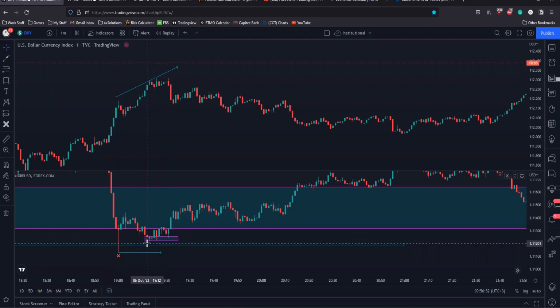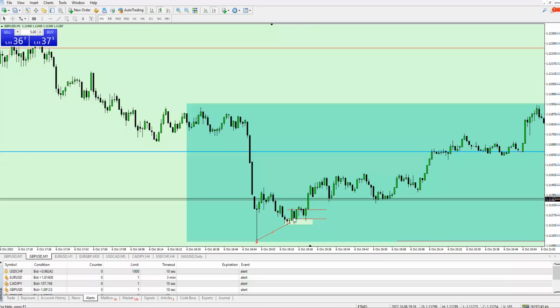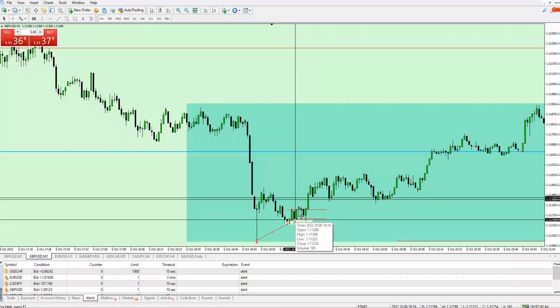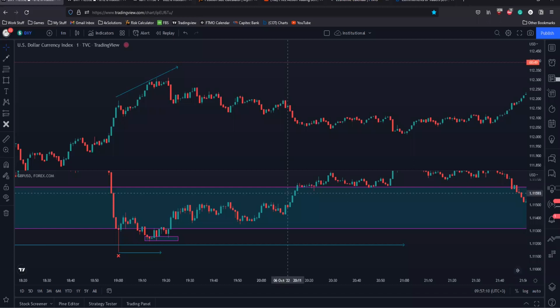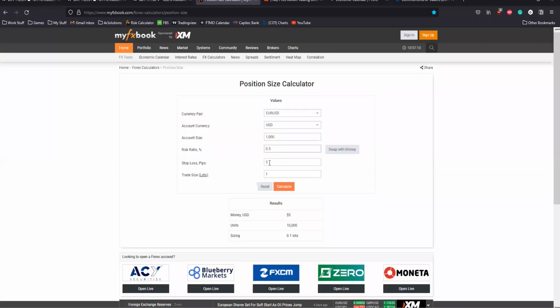Now, if we had taken a trade setup here, and we put our order in here and put our stop loss just below here, rounded up to about 5 pips, it's half the distance over here. When we did our position size at 5 pips, we're using a 0.1. But obviously we can't use a 0.1 if we were using a 14 pip stop loss. We're halving the lot size.